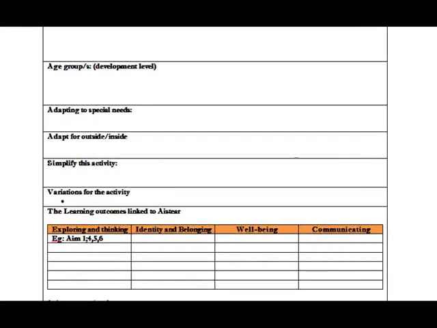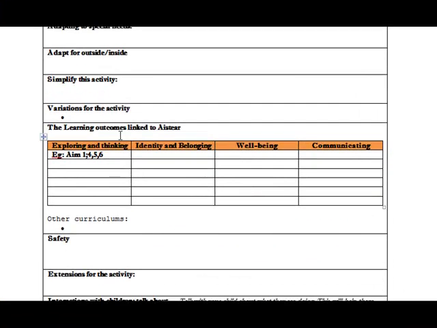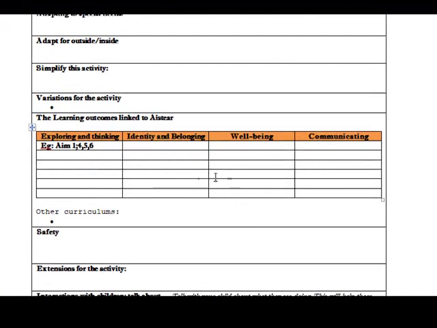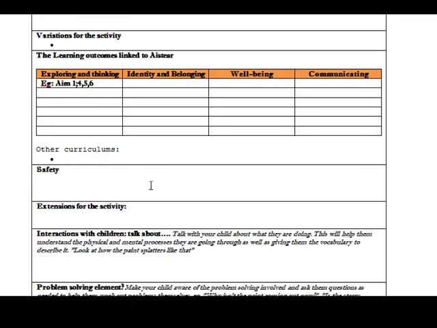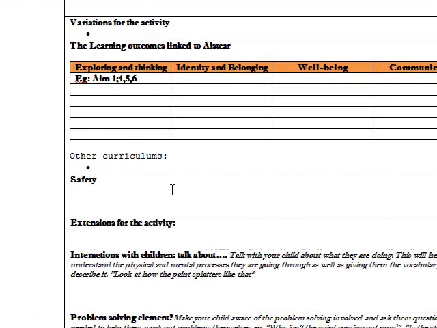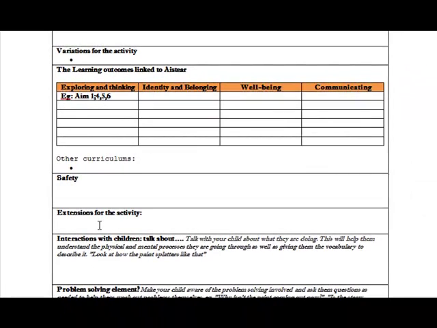Similar idea but different. So the learning outcomes then, how you think that might link this activity, how it links to Ashton, or other curriculums that you might have experience of. Safety, so anything that you need to think about in terms of safety in the activity. Extensions, so this is where you go into other areas.